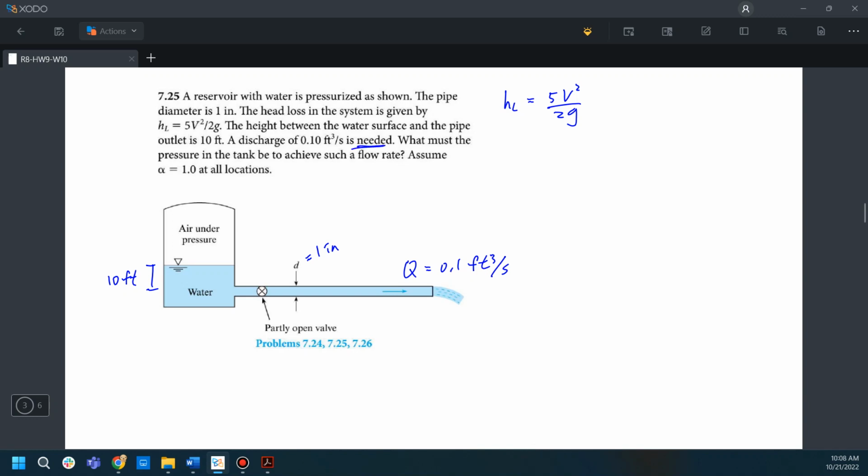That is what we need. And the problem asks what the pressure in the tank should be to achieve such a flow rate. We also assume that the kinetic energy correction factor is equal to 1, so I will just ignore these in the energy equation.